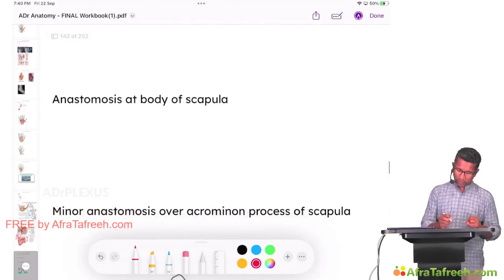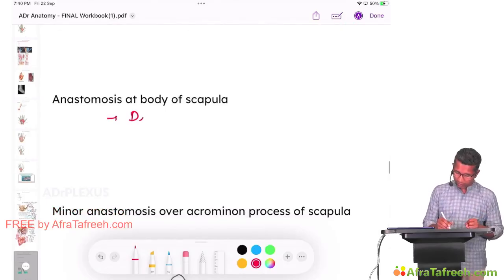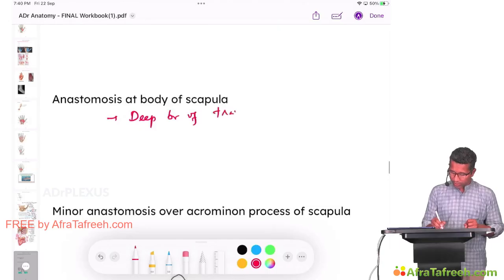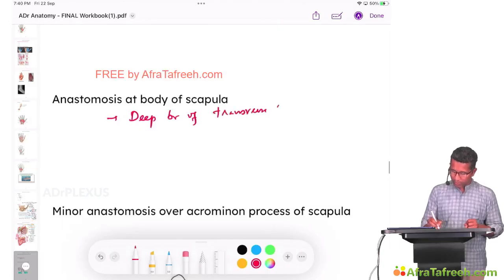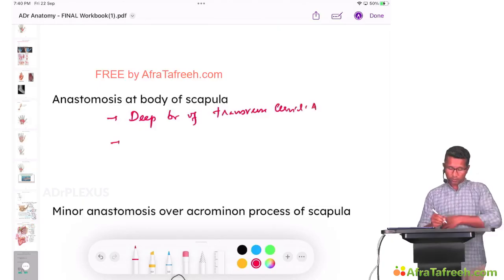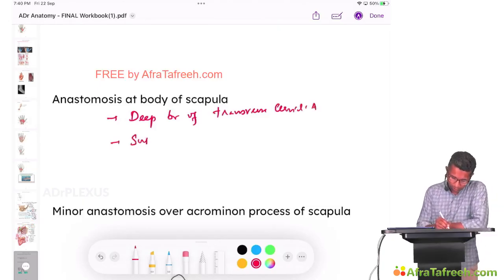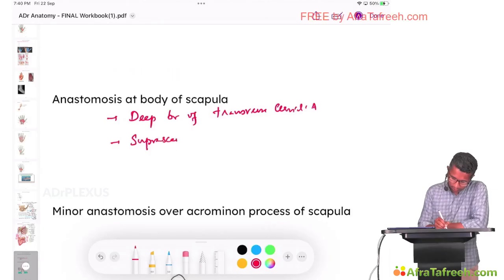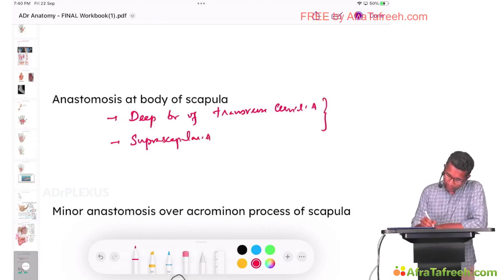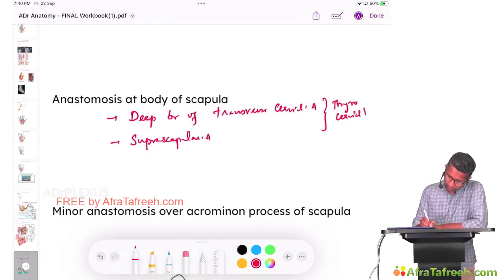The vessels which are participating in it: one is the deep branch of the transverse cervical artery. Next comes the suprascapular artery. These two are branches of the thyrocervical trunk, which is a branch of the first part of the subclavian artery.